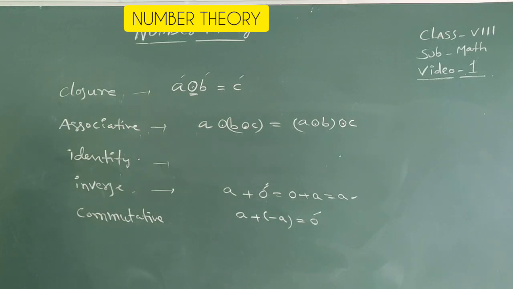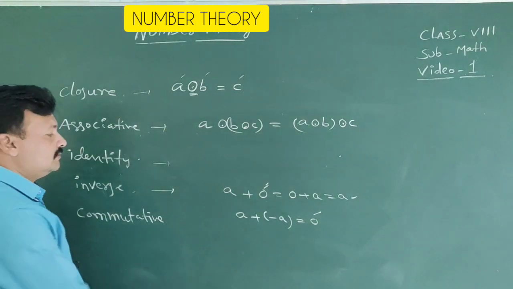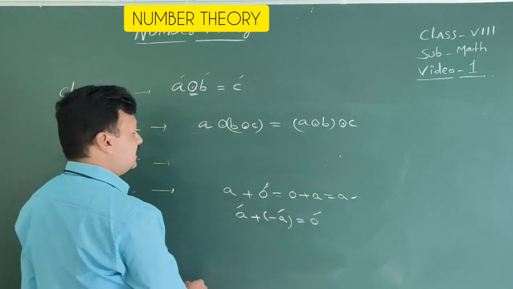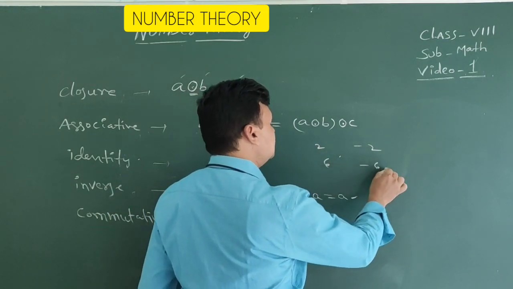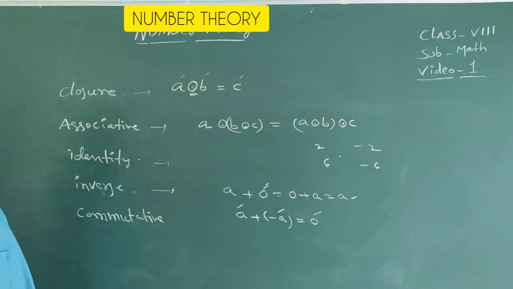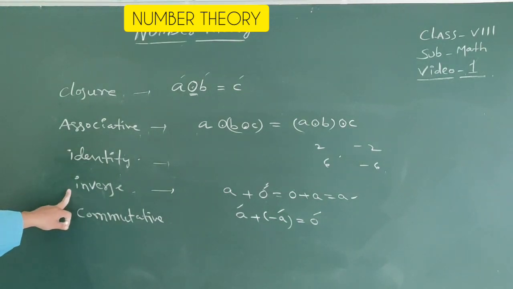For any number system, the inverse of A is minus A, for 2 it is minus 2, for 6 it is minus 6. Now we need to check its existence, for identity and inverse.